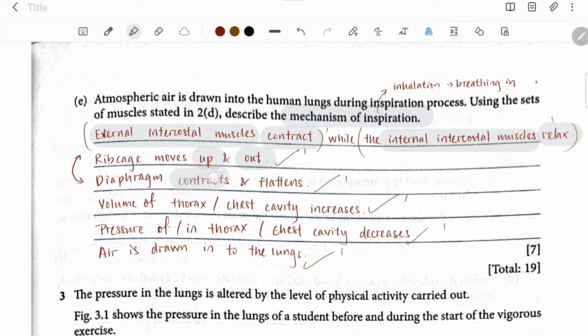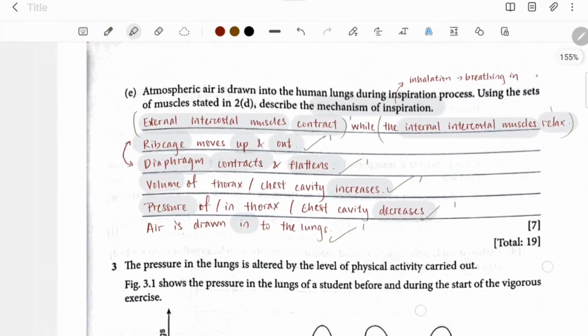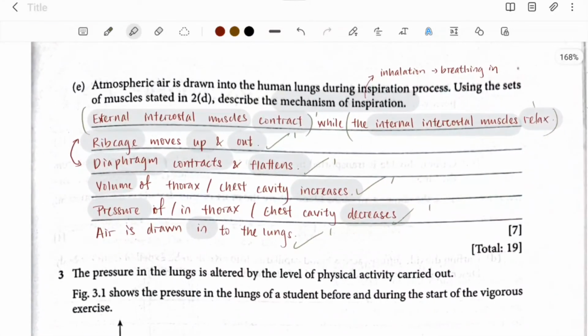Diaphragm contracts, flattens. Volume increases, pressure decreases, and then air is drawn into the lungs. So this is all for 19 marks for the gaseous exchange part and the ventilation.